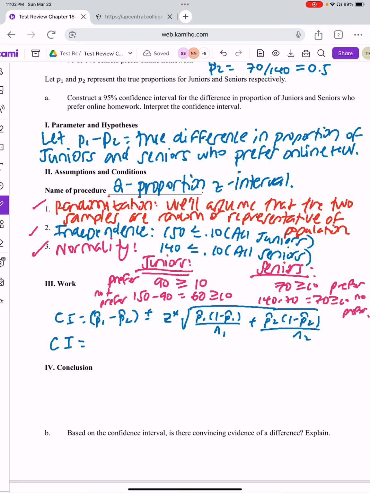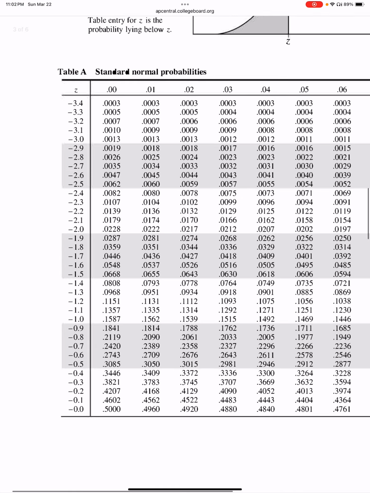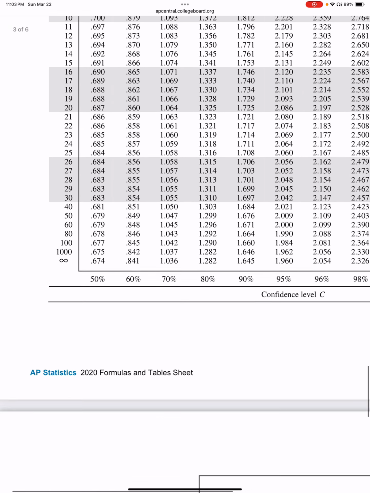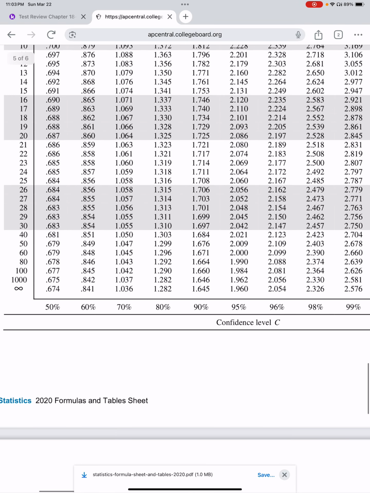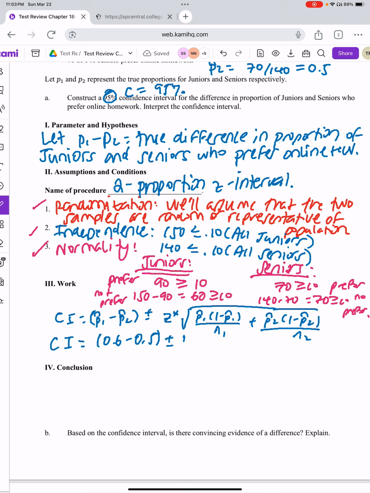So the confidence interval is equal to 0.6 minus 0.5 plus or minus, because it's 95%, C is 95%. We look at table B, the number right above 95% is 1.96. So it's 1.96 times the square root of 0.6 times 0.4 all over 150.